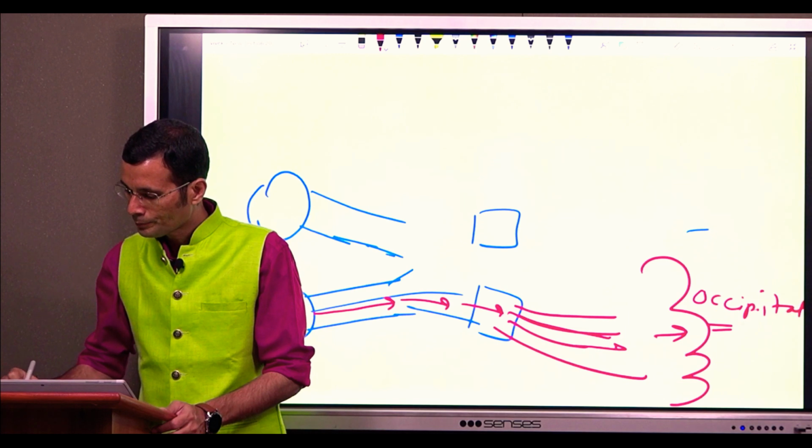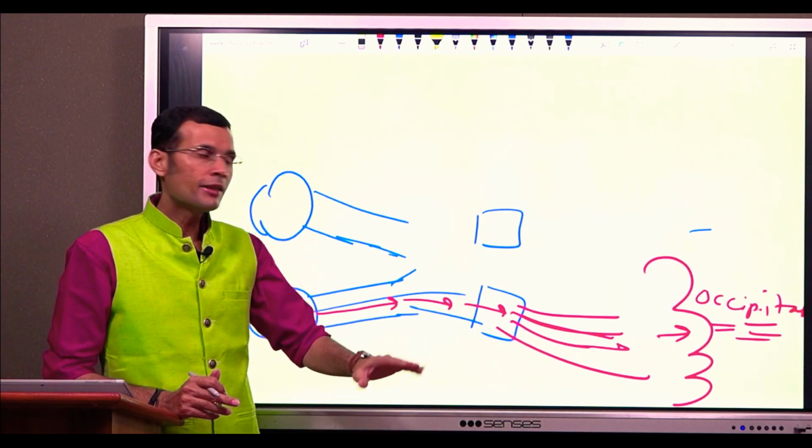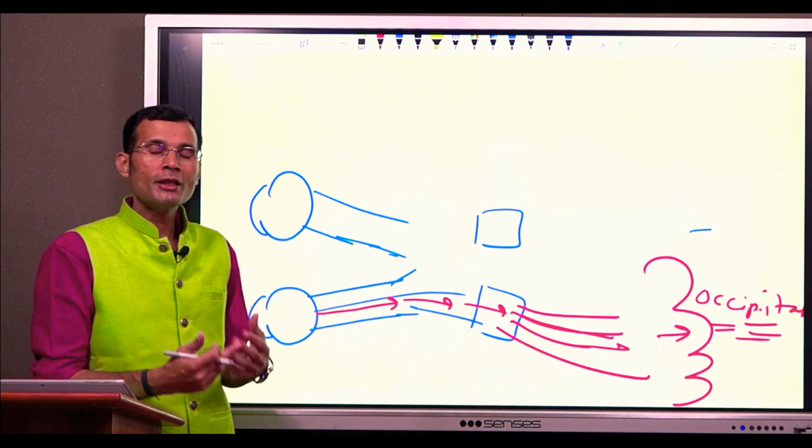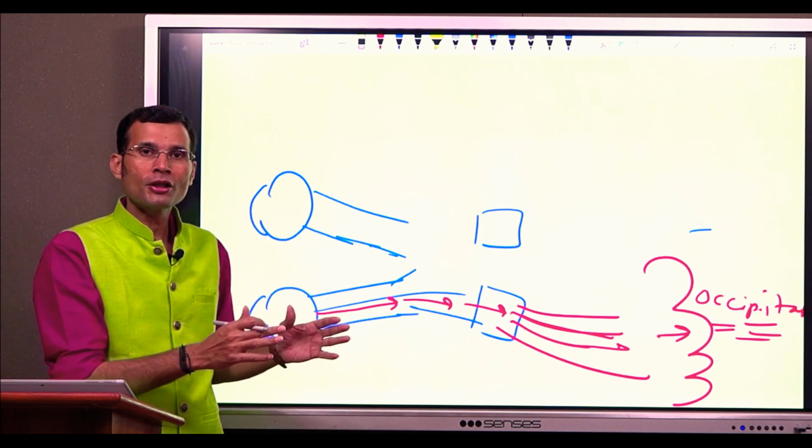The signals are reaching there, and because the image is blurred, then to make it clear means what?